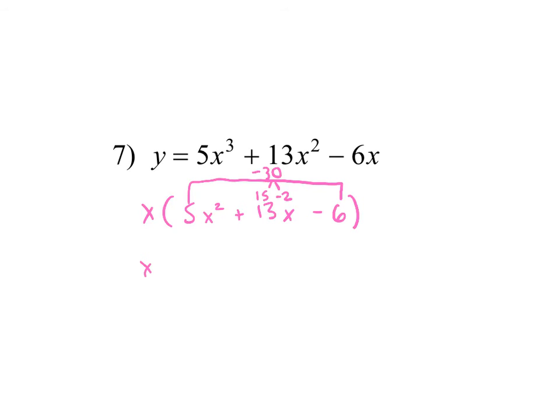So then what goes in our parentheses? X plus 15 and x minus 2. Awesome. And then what do we do next? Set them all equal to 0.